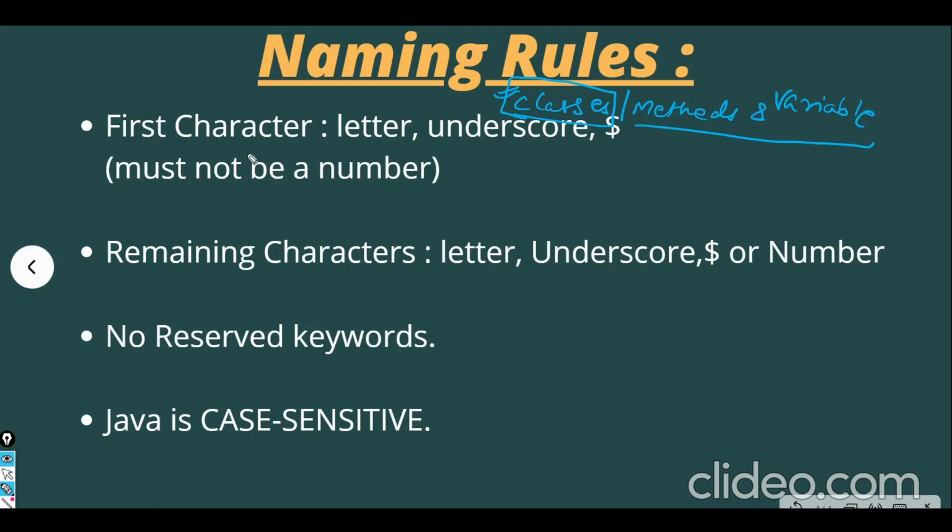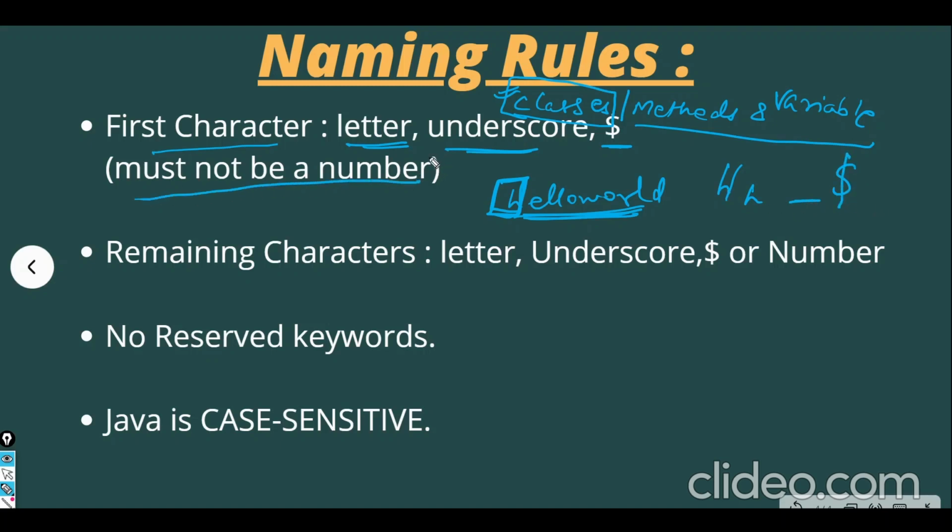If I want to give my class name as HelloWorld, the first character, at the position of this H, can be a letter, underscore, or a dollar symbol. It can start with a capital H, small h, underscore, or dollar, but it must not be a number or any special character.